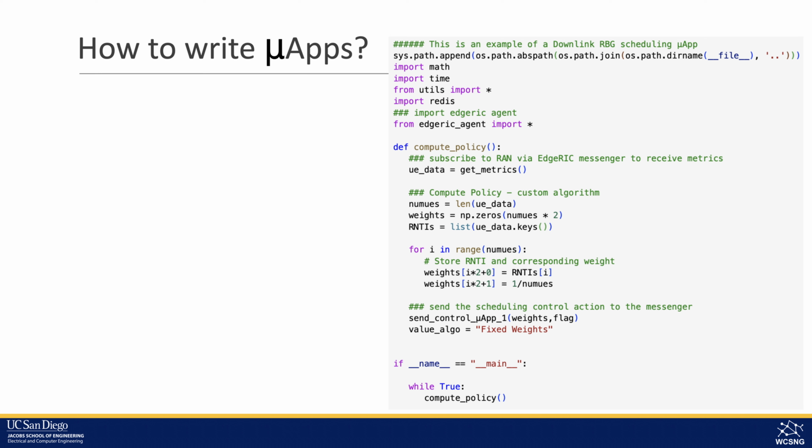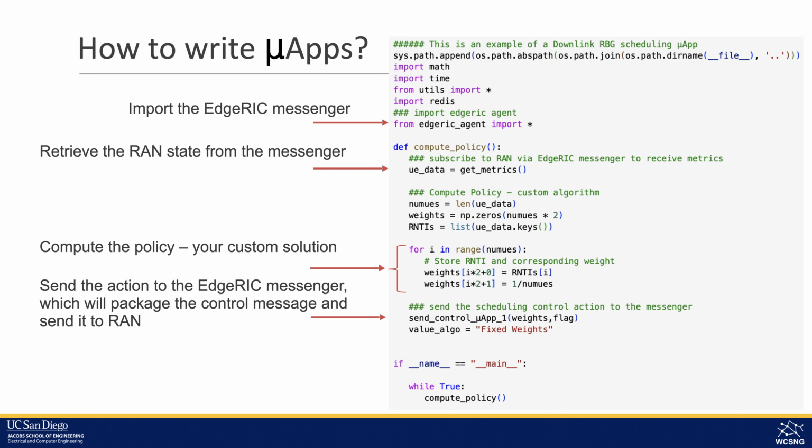You have a policy, send the action back via the EdgeRIC messenger, which does all the job of packaging up your control policy message over the protobuf schema and sending it back to EdgeRIC's RT-E2 agent, which will then pick it up and apply the corresponding action to the right network functions.